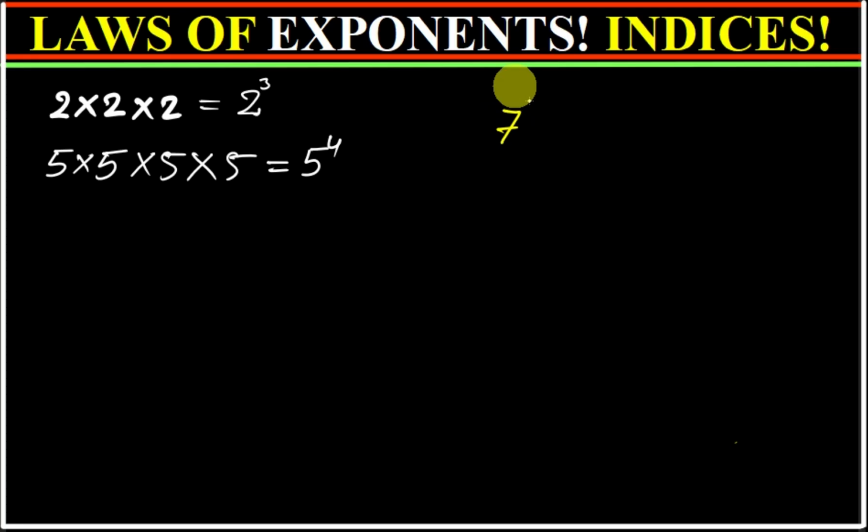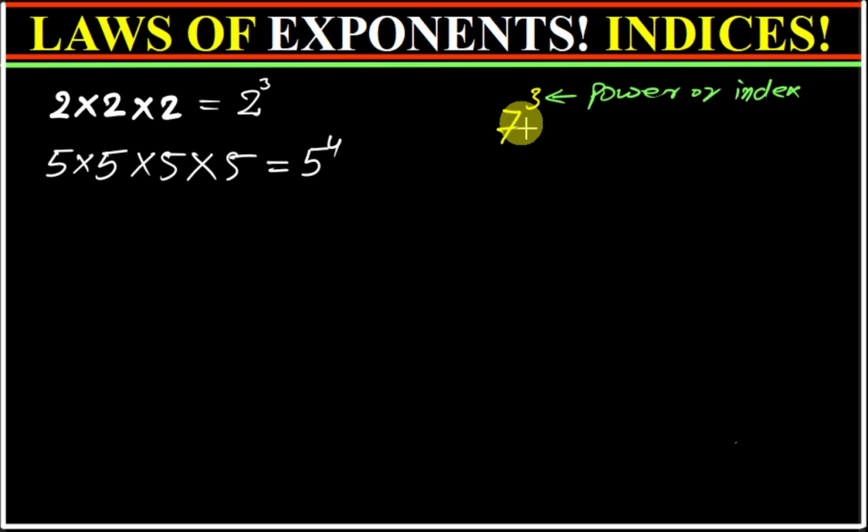Suppose I write 7 raised to the power 3. How do we read this? The number which is written here is called power, or sometimes index, which tells how many times this 7 is multiplied repeatedly.